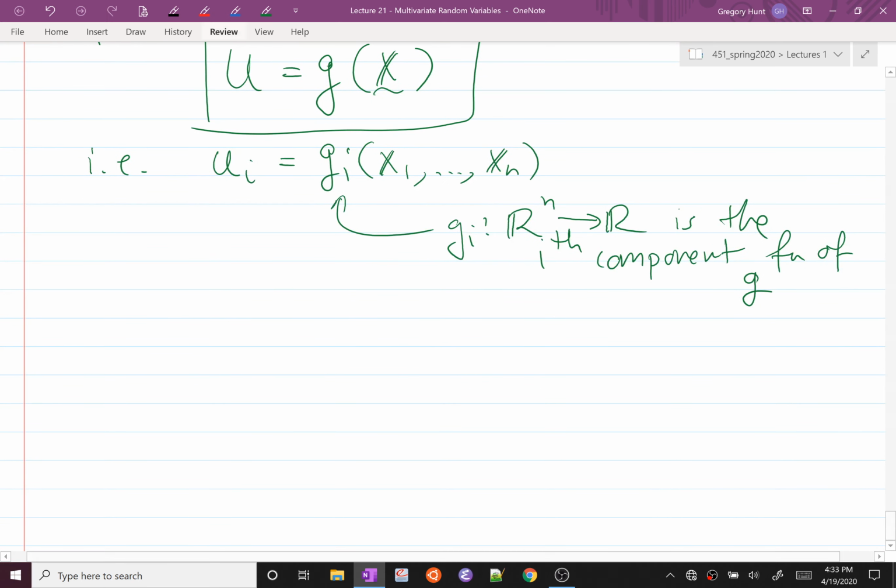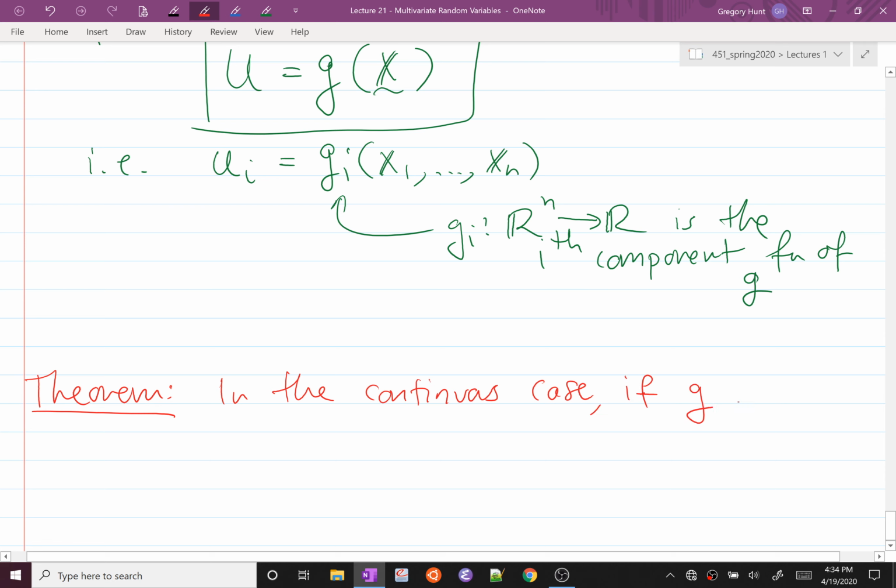And the theorem, we're just going to focus on one theorem. In the continuous case, if g is invertible and differentiable.